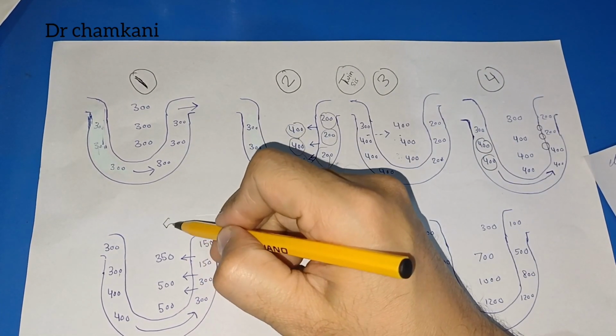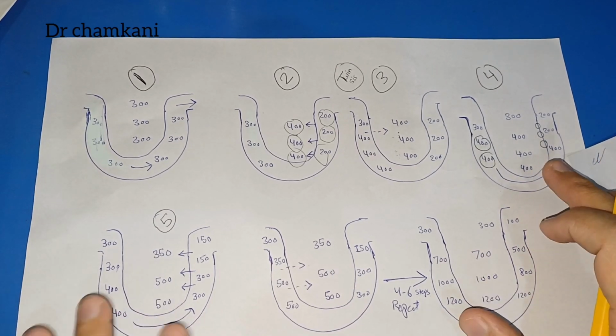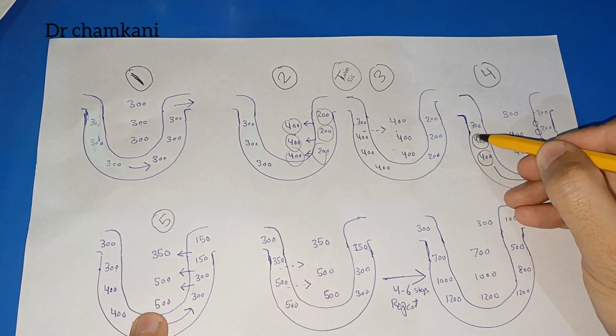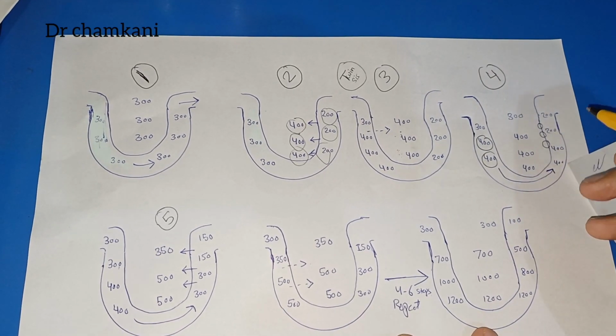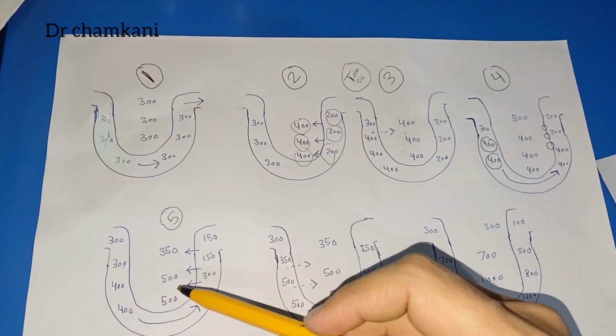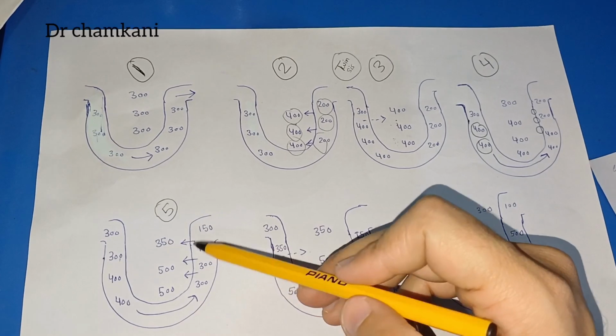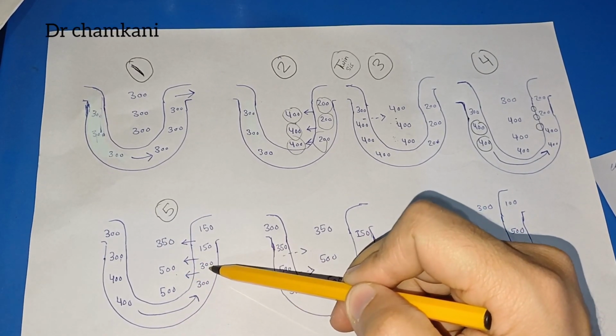So here is step 5. In steps 4 and 5, this high concentration fluid has entered the ascending limb, and the active transport of electrolytes has again created a difference of 200 milliosmol between the medullary interstitium and the ascending limb.